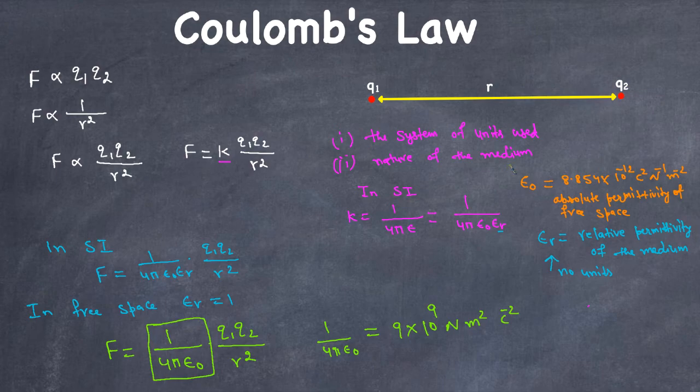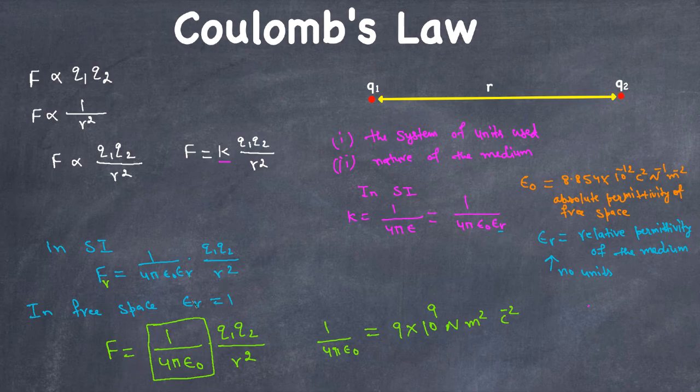Okay, so this formula basically gives you the force in a medium with the relative permittivity epsilon r, and this is the force in free space because epsilon r is equal to 1.